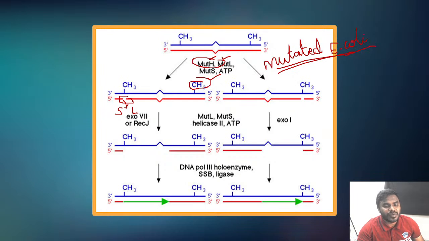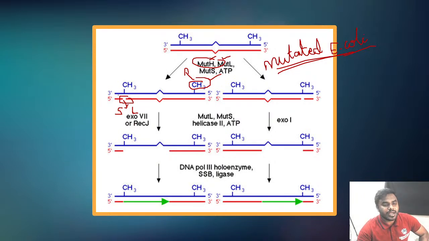What is the function of MutH? MutH will go and recognize the methylated sequences present on the parent strand. Okay, now MutH has recognized which is the parent strand. MutS and MutL have recognized the damage on the daughter strand.